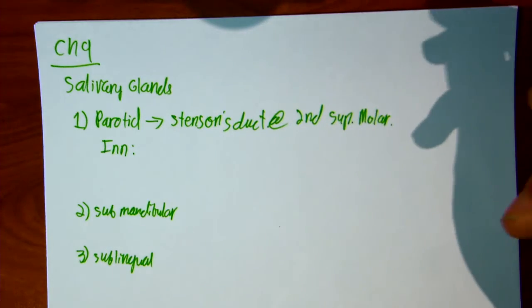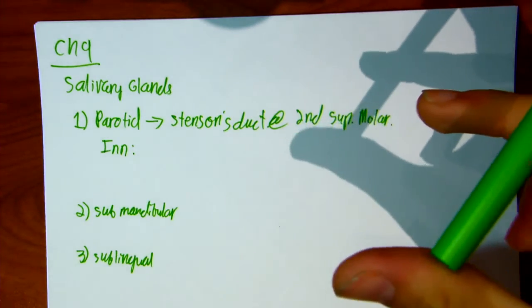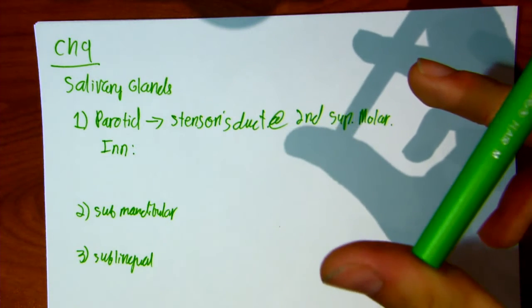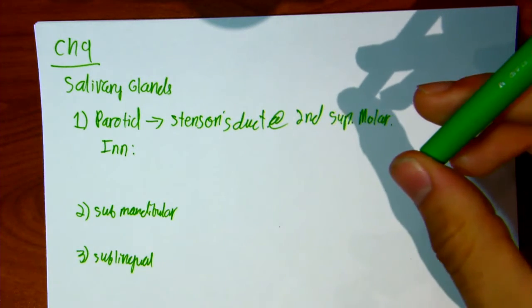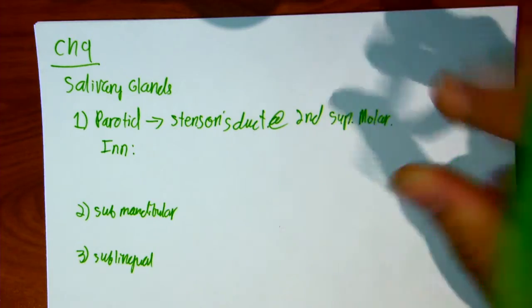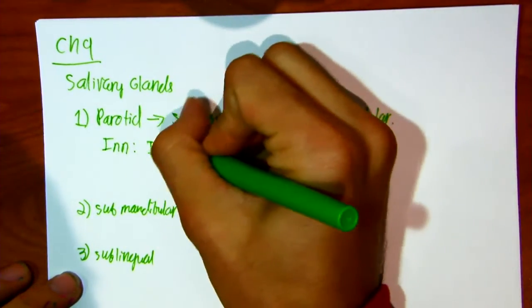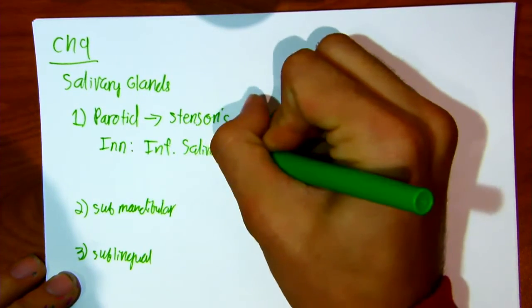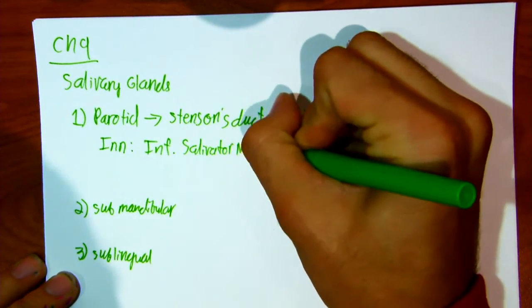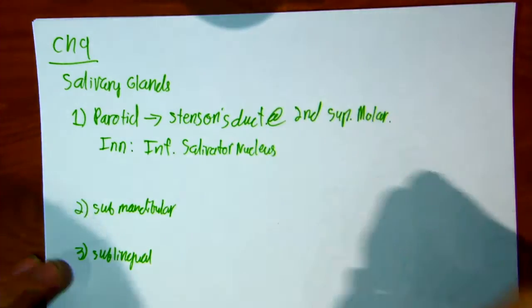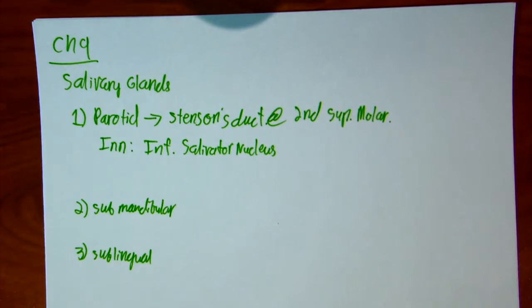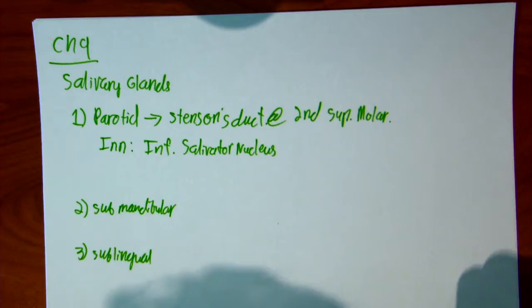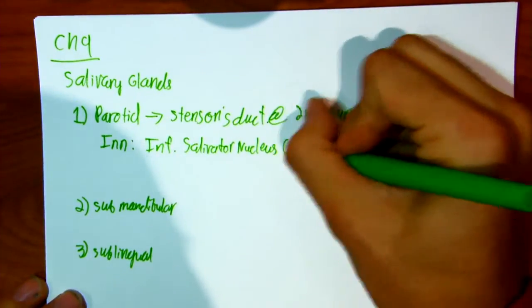Cranial nerve 5. Cranial nerve 9. So is it the superior or inferior salivatory nucleus? So let's start there. We're starting with the inferior salivatory nucleus, which is typically associated with what nerve? Cranial nerve 9.